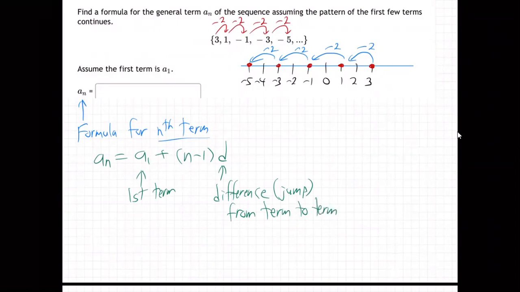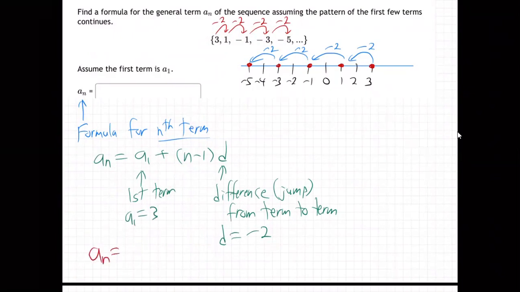The difference or the jump from term to term. So in our case, d is -2, isn't it? That's the jump. That's the difference from one term to the next. It goes down by 2 every time. So the difference is -2. The first term, well, that's 3. So a1 equals 3.